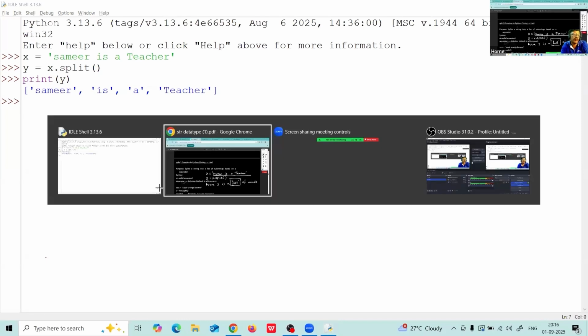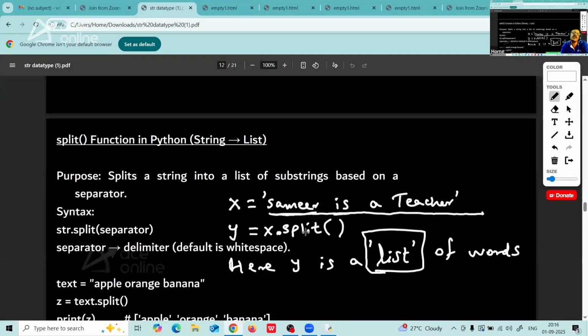Coming back to the board, y is equal to x dot split. Y is the list of words. But you tell me now, how was the split done? Split was done on the basis of space. Wherever there was a space, split was done. So what Python internally did, it started reading the string.